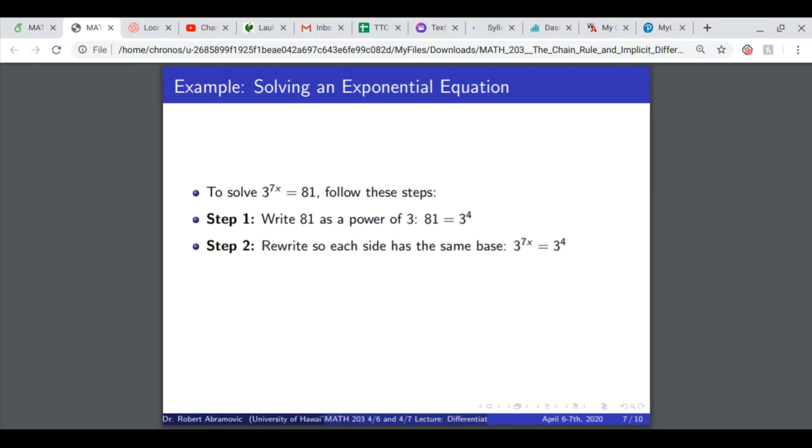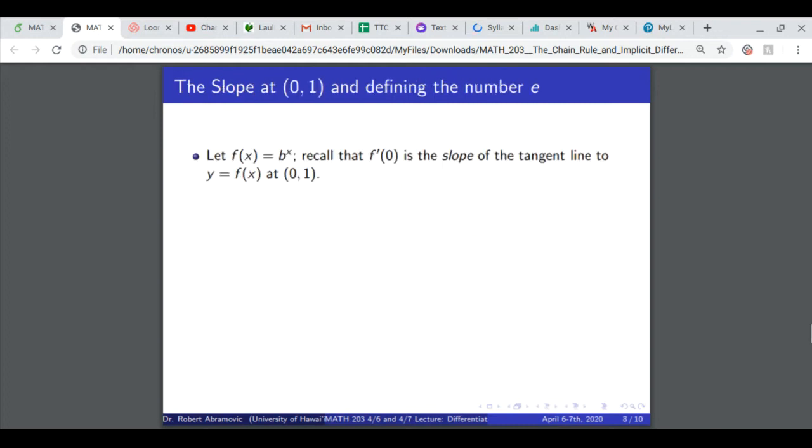We rewrite so each side has the same base. 3 to the 7x equals 3 to the 4th. Now we equate the exponents, and voila, we can solve for x. 7x equals 4. That means that x is 4/7.